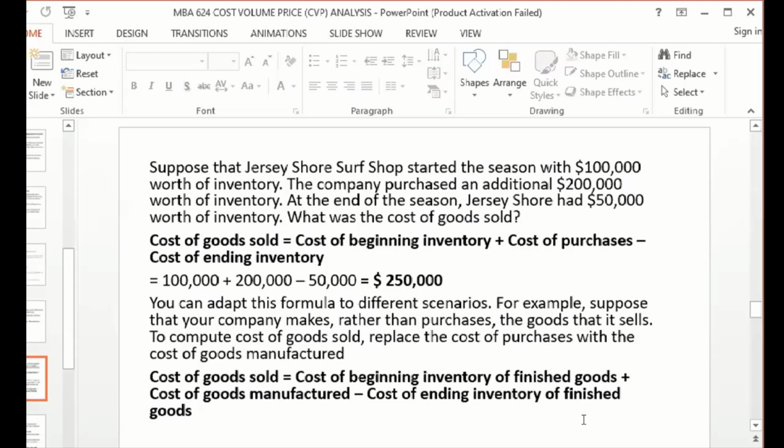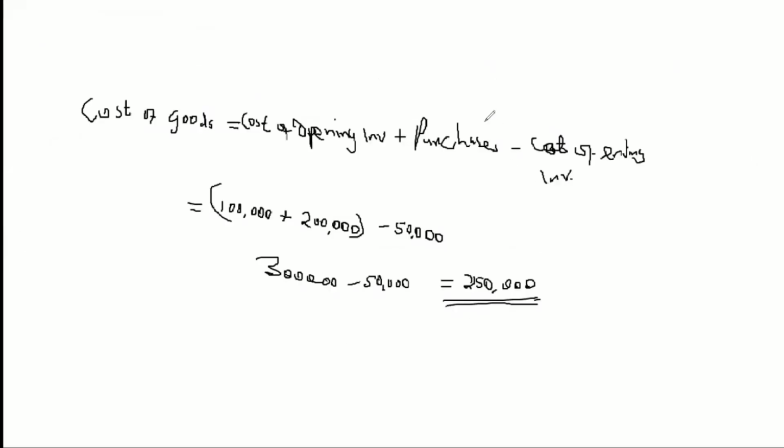For a company that is manufacturing, we replace the purchases, because purchases are goods that you are buying for sale. But when you are manufacturing, we don't have purchases. Whatever we purchase are raw materials, which are now converted into finished product.